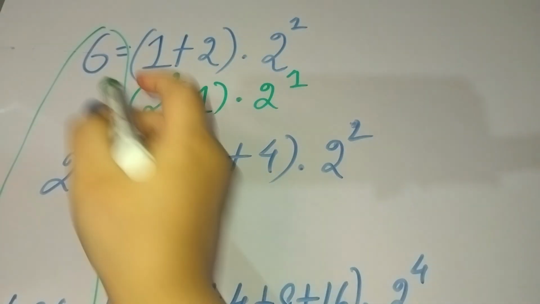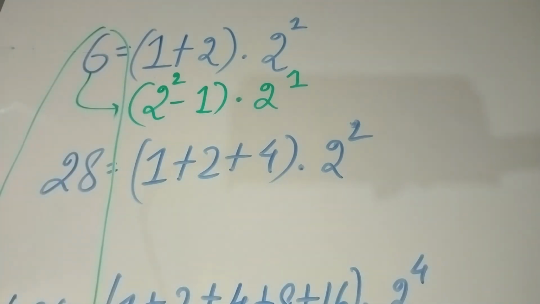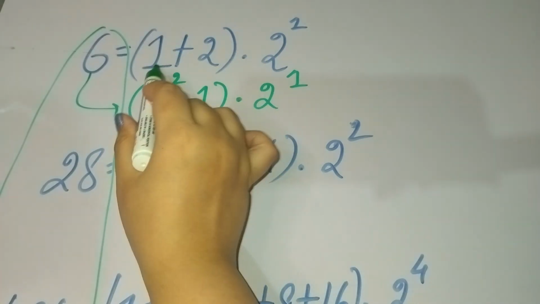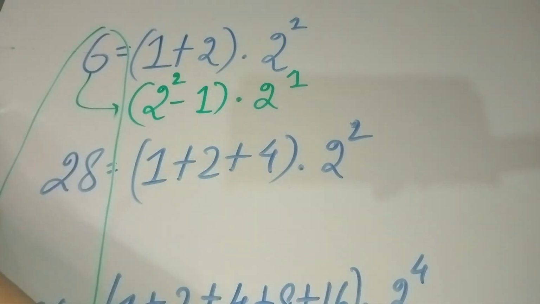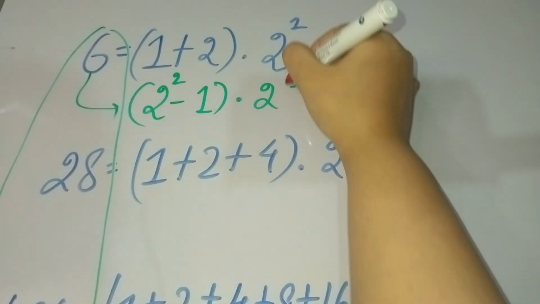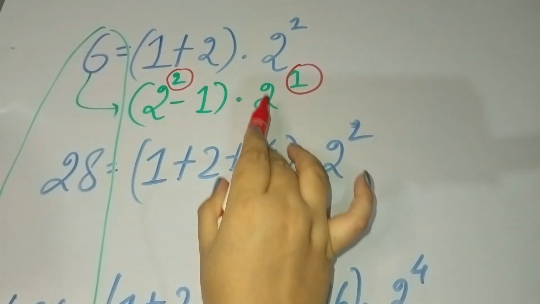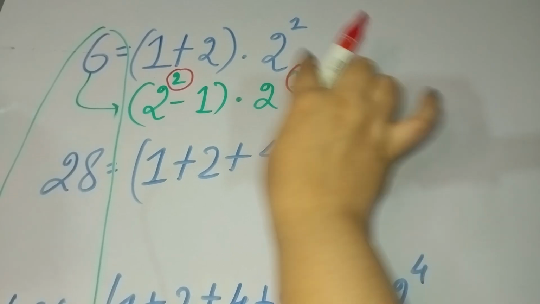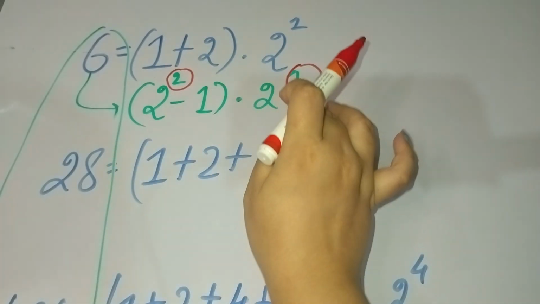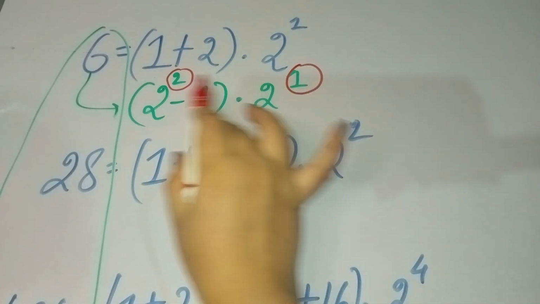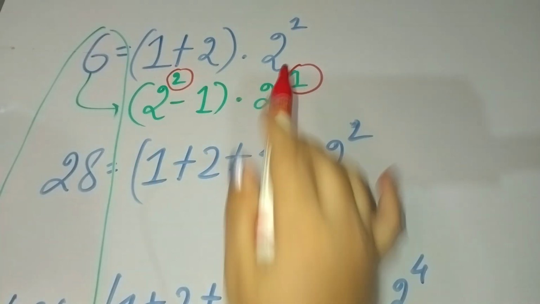See, it is again exactly equal to 6. 2 to the power 2 is 4, minus 1 is 3. And you can check the relation. This is 1 and this is 2, so it is a prime number 2 and we are multiplying it with n minus 1.